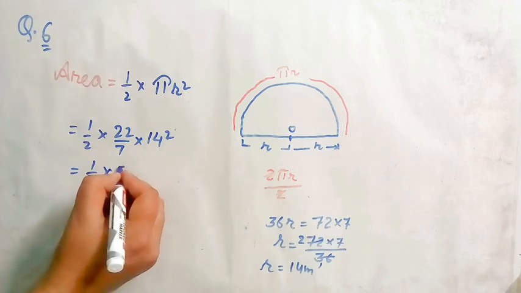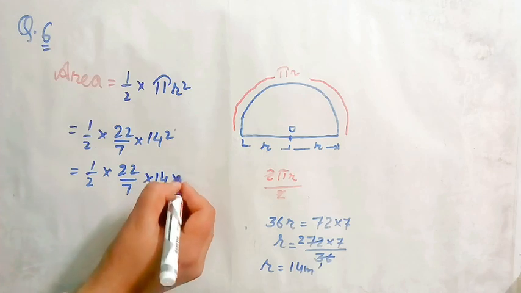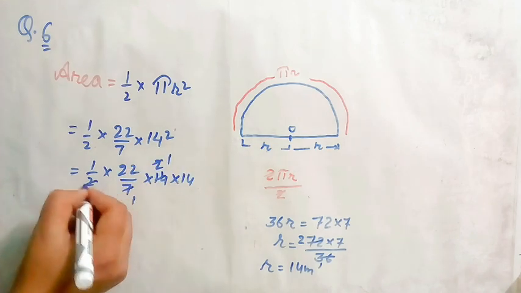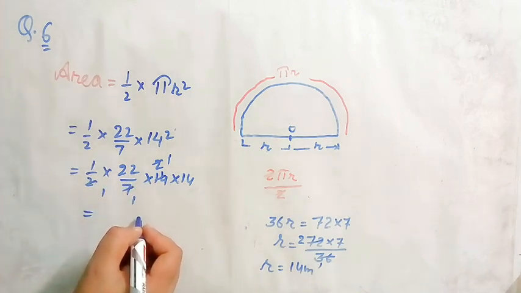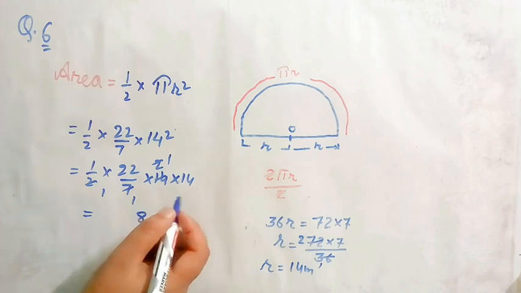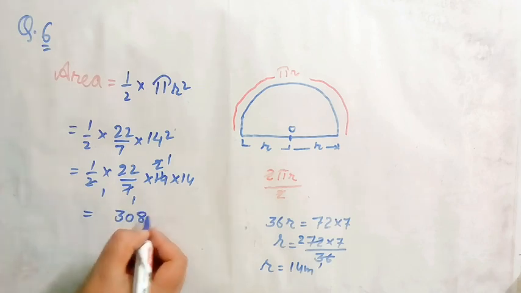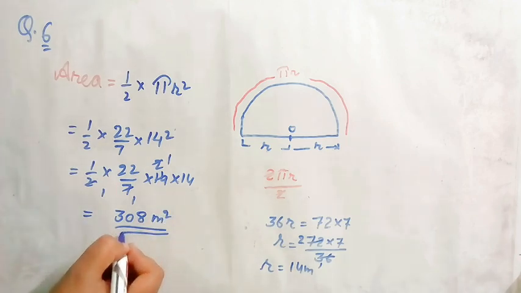It is half multiplied by 22 upon 7 and 14 square means 14 multiplied by 14. 7 1s are 7, 7 2s are 14, 2 1s are 2, and 14 into 22 will be equal to 308 meter square, which is the required area.